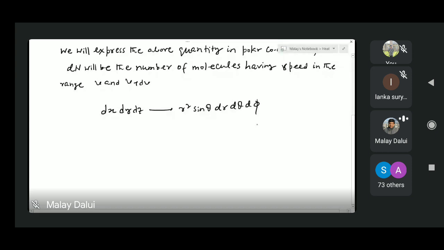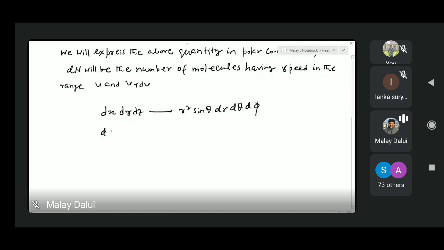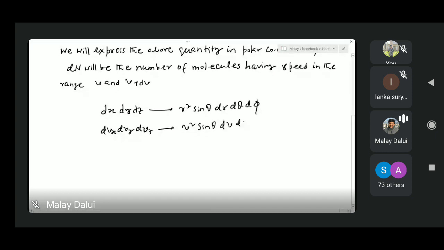This is the volume element. Similarly, for dvx, dvy, dvz, it will be v square sine theta, dv, d theta, d phi. This is the volume element. And since the distribution is symmetric, we can integrate over the angles.